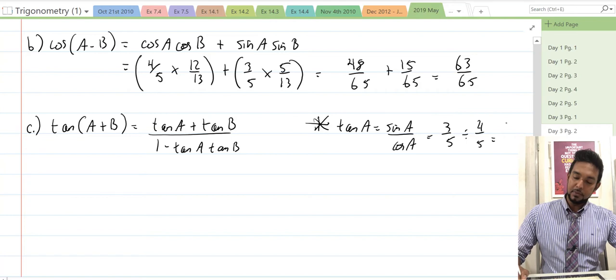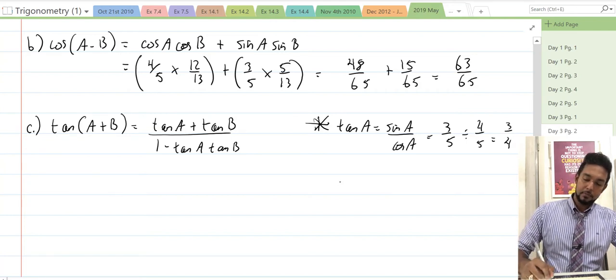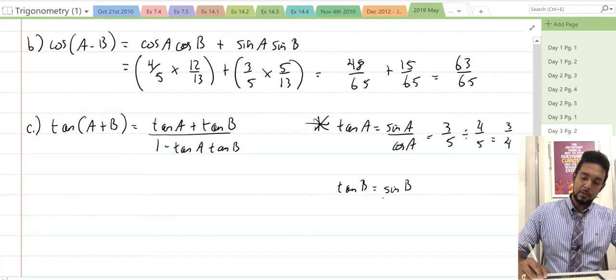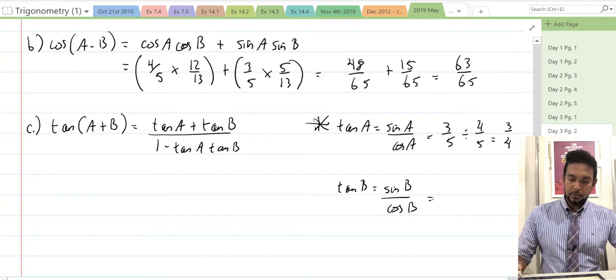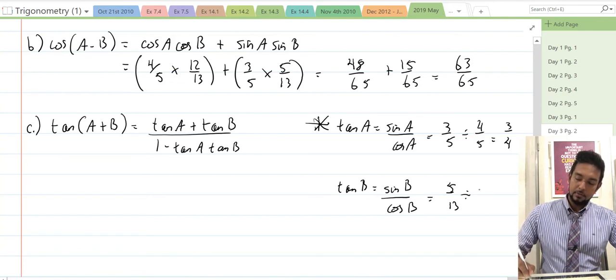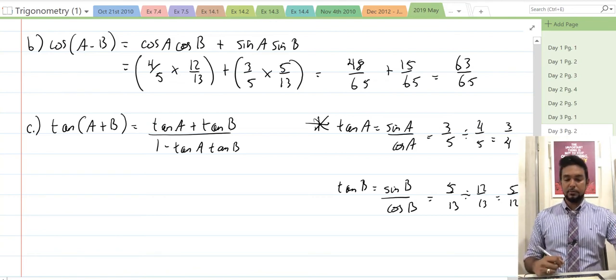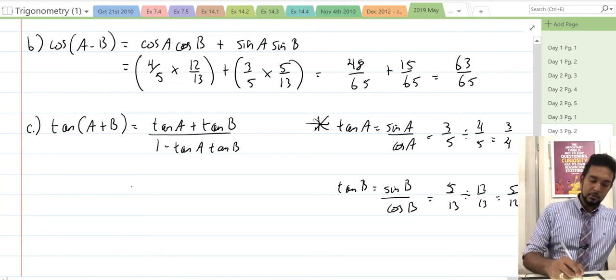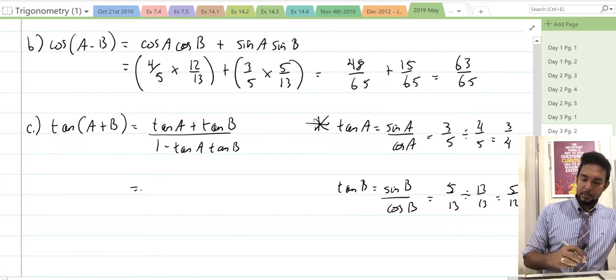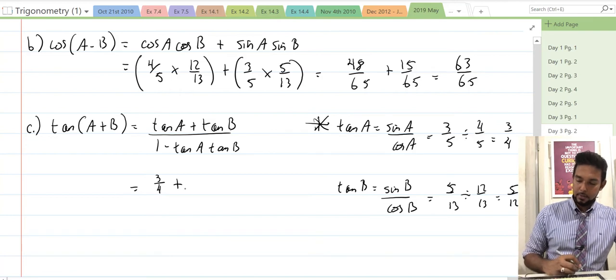When you divide, invert and multiply, we'll end up with 3/4. Tan B, same thing: sine B over cos B. Sine B is 5/13 divided by 12/13. Invert and multiply gives us 5/12. So tan A is 3/4 and tan B is 5/12.